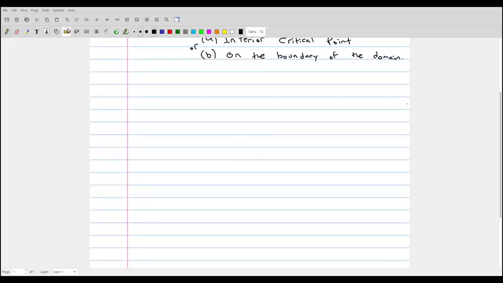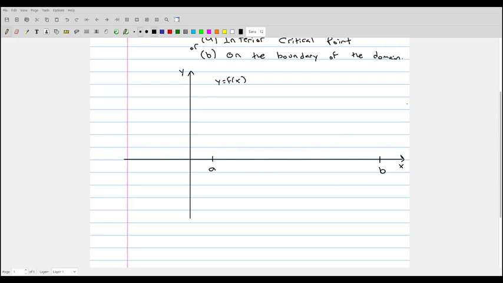And a picture illustrating this is the following. Suppose we have a function of x, and we have an interval from a to b, and the function of x starts here at a, at this point right here, and then maybe looks like this, up until b, where it hits this value.